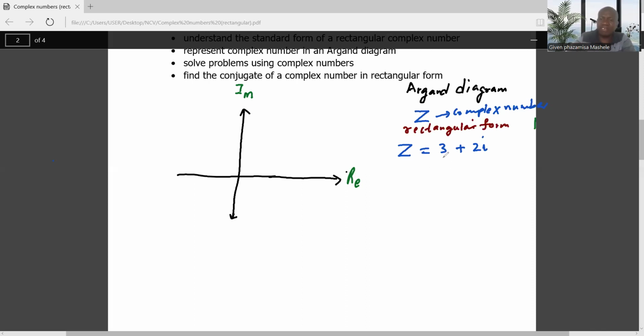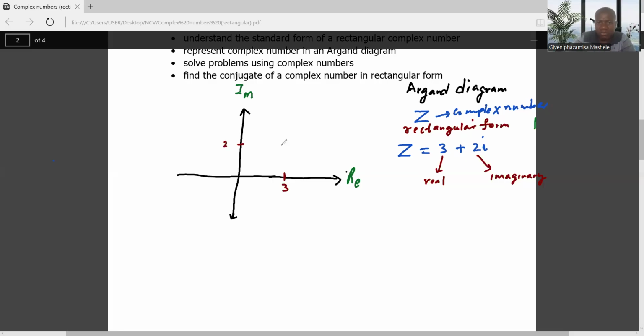In this rectangular form, this is the real part, and this one is the imaginary part. So if we want to represent these on the number line, we must look at the real part. Let's say this is 3 there. And the imaginary part will be on the y-axis. Let's just say it's 2 somewhere. It's just an example.